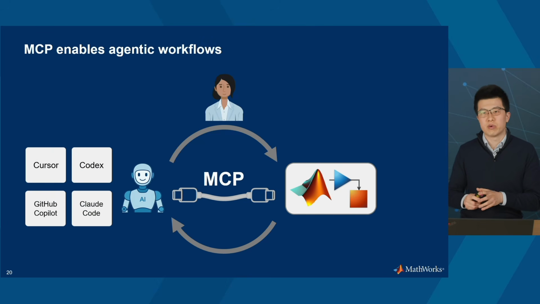Some of you are already experimenting and using AI coding agents for your daily work, like GitHub Copilot, Cursor, or Codex. We're seeing that the AI model providers are standardizing on MCP, which stands for Model Context Protocol. And this is becoming the main interface for AI agents to interact with tools like MATLAB and Simulink and enable agentic automation.